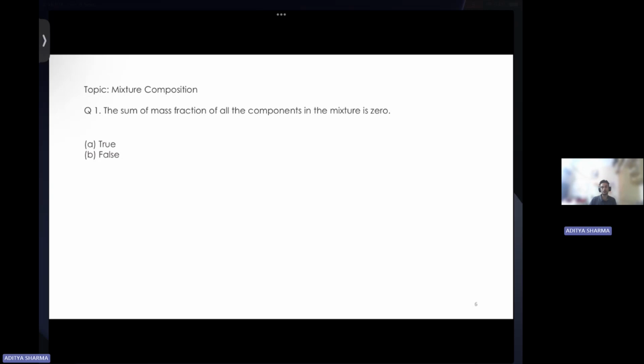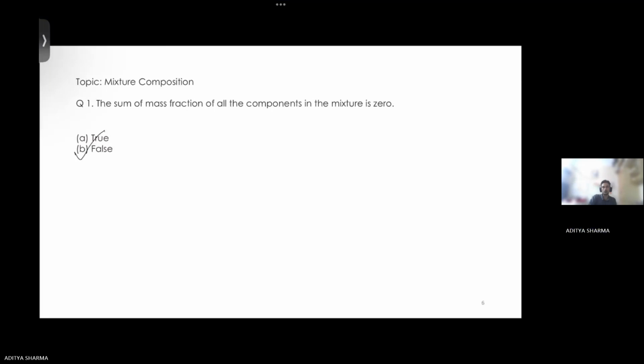Other than that, if you take the sum of all the mass fractions of different components, you will find out that the sum for all the mass fractions comes out to be 1.